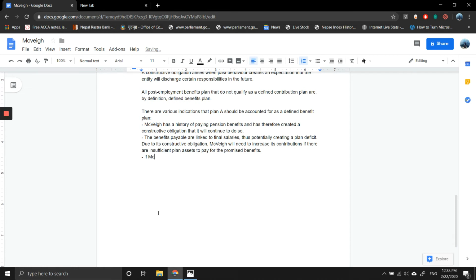If McVeigh terminates the plan, it has a legal obligation to pay further contribution in order to purchase lifetime annuities for retired scheme members.